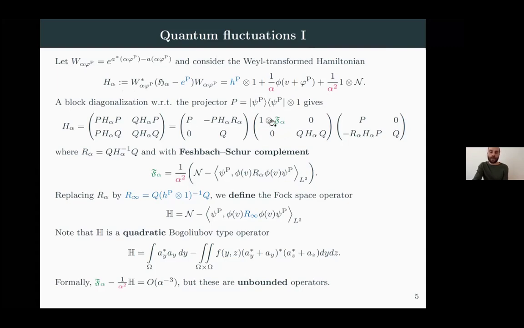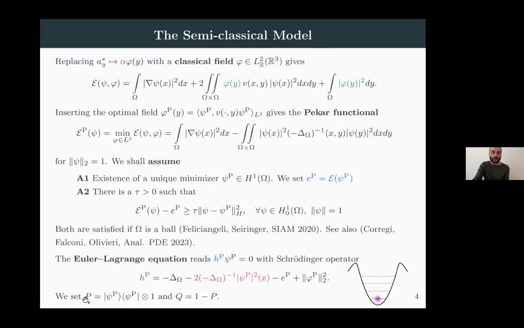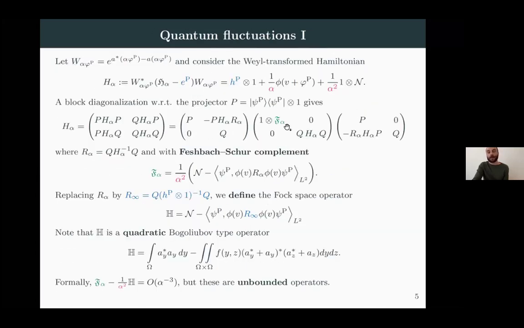And this entry here is usually called the Feshbach-Schur complement. And due to the fact that this projection P is a rank 1 projection, but only in the electron coordinate, this Feshbach-Schur complement now lives only on the Fock space, and is of the following form.